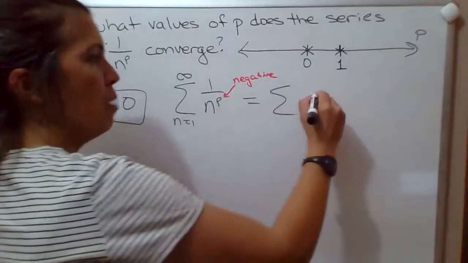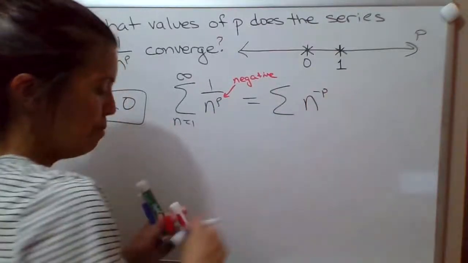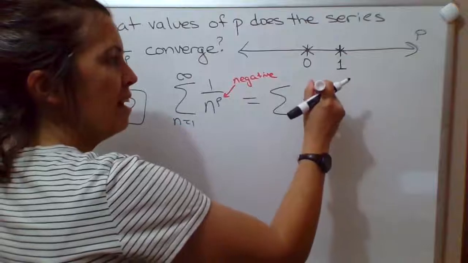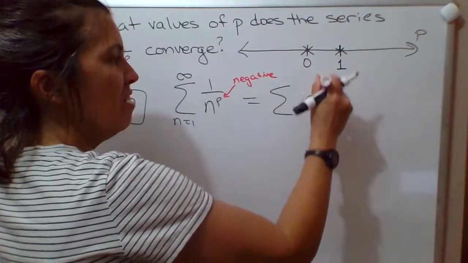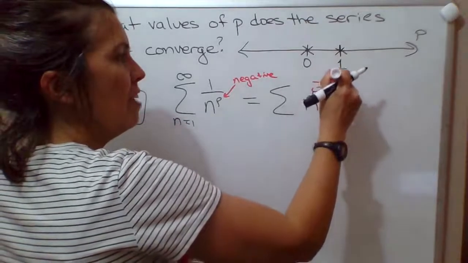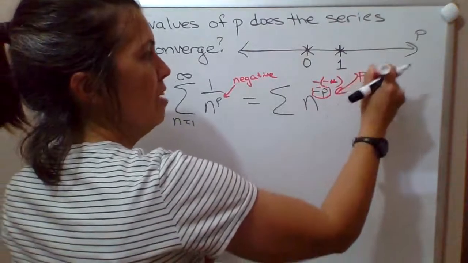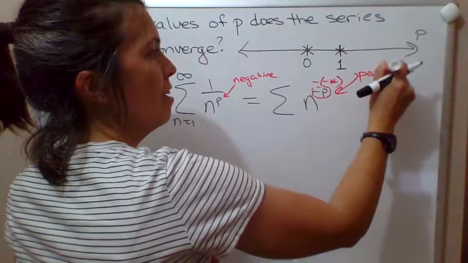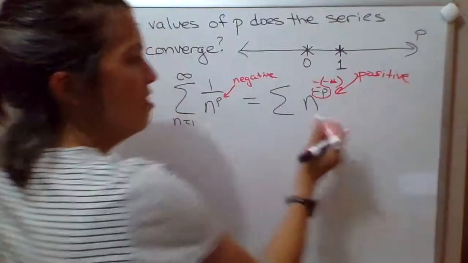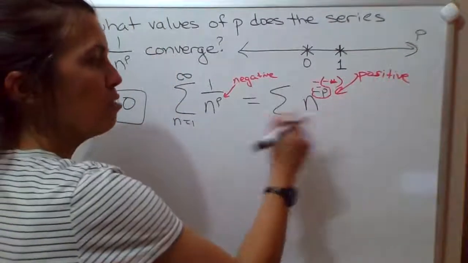So if I move this up, then what I'd write here is negative P. But keep in mind, if P is a negative number, then this negative P will be positive now. This exponent right here now is positive.